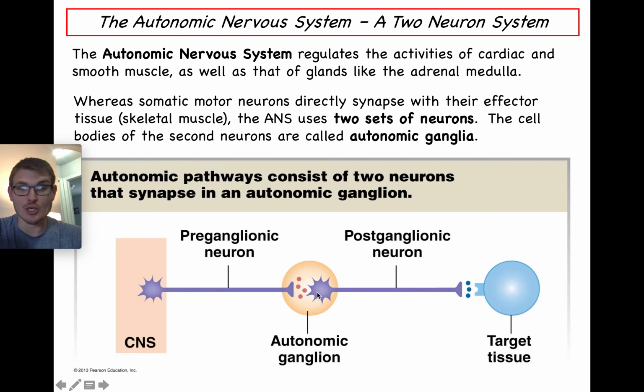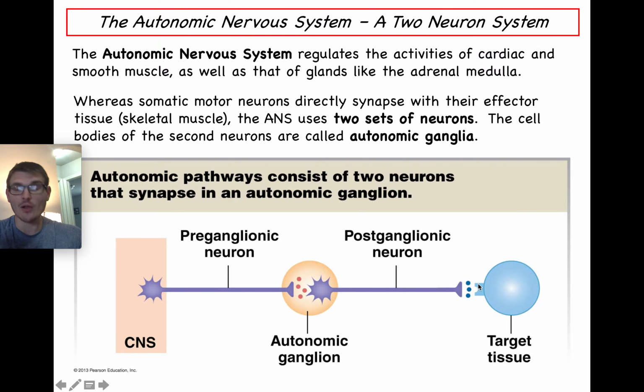That neurotransmitter should stimulate an EPSP, one of those excitatory graded potentials. Here in the postganglionic cell, we should get an action potential, carry that action potential all the way towards the target tissue, and then the response that we get in the target tissue should be produced by this neurotransmitter binding to receptors on the target cell.